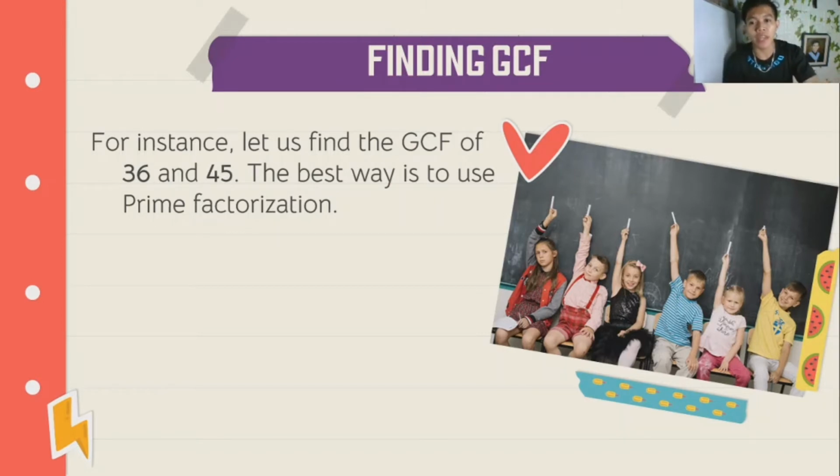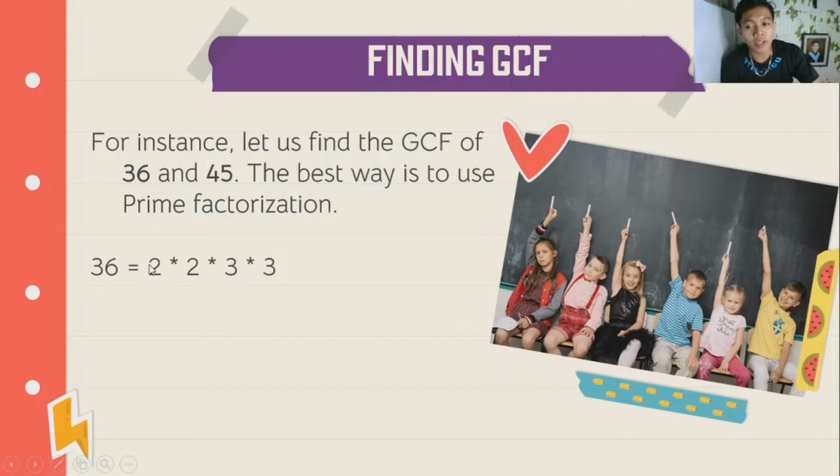Okay? Now, so hanapin daw natin yung greatest common factor ng 36 at 45. Unahin natin si 36. No? Si 36 ay 2 times 2 times 3 times 3. No? Check lang natin. 2 times 2, that is 4. Times 3, that is 12.